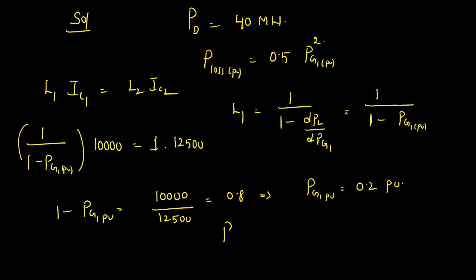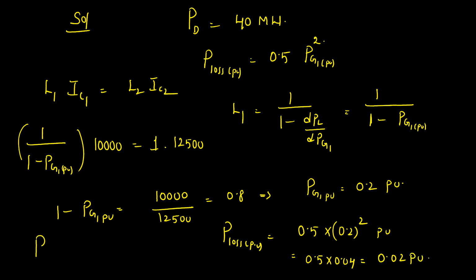Now the power loss per unit, if you substitute this value, is going to become 0.5 into 0.2 whole square, so 0.5 into 0.04, which is 0.02 per unit. But what is the actual power loss?